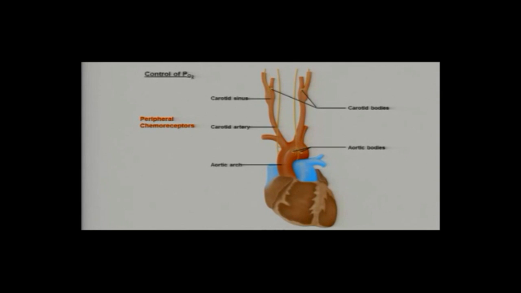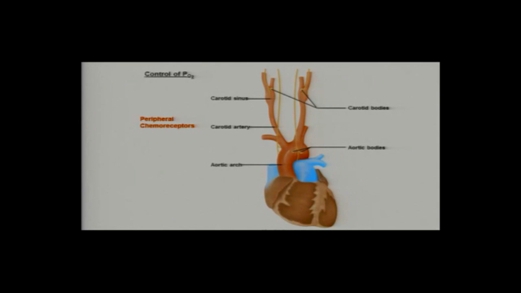So let's look at the control of PO2. In terms of this graph, the peripheral chemoreceptors are moderately sensitive to PO2, and the central are very weakly sensitive. So you can see the body does not prioritize the sensation of PO2 in terms of respiratory control.